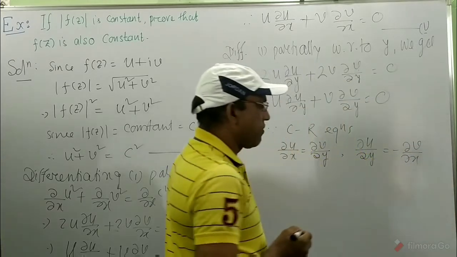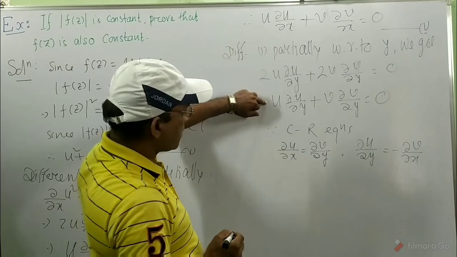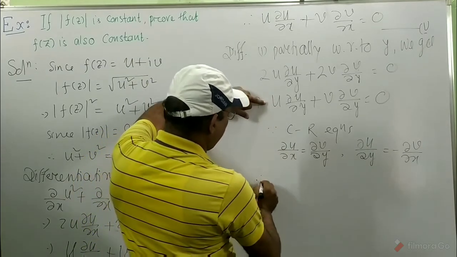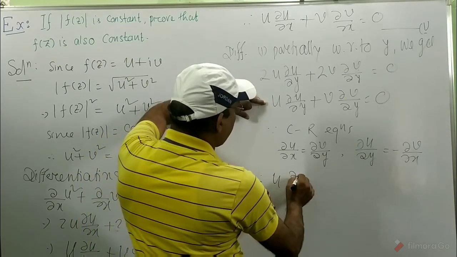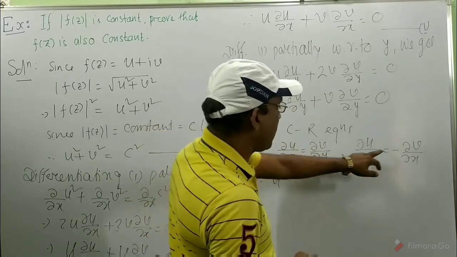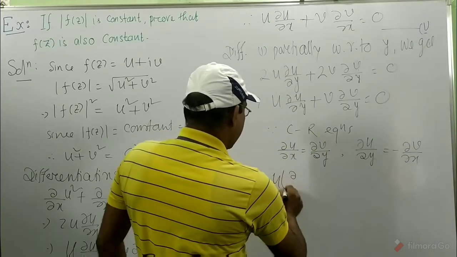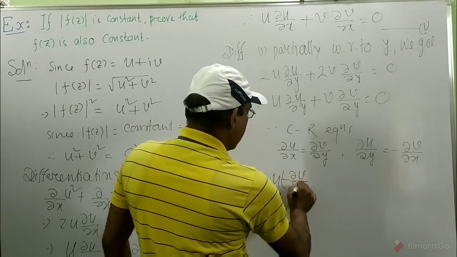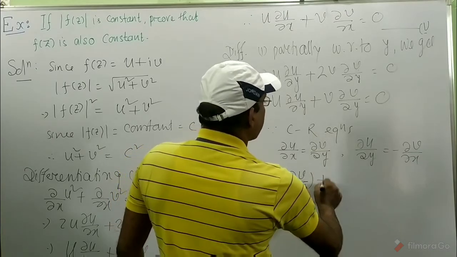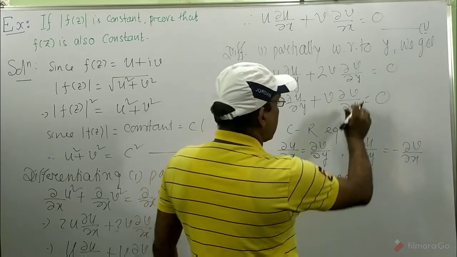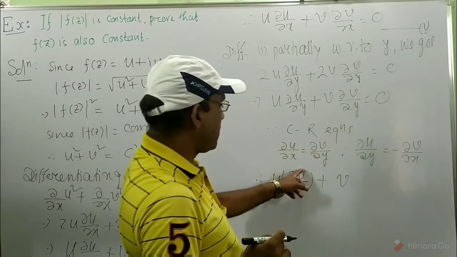Using the Cauchy-Riemann equations here, u del u by del y is minus u del v by del x, and del v by del y means del u by del x.